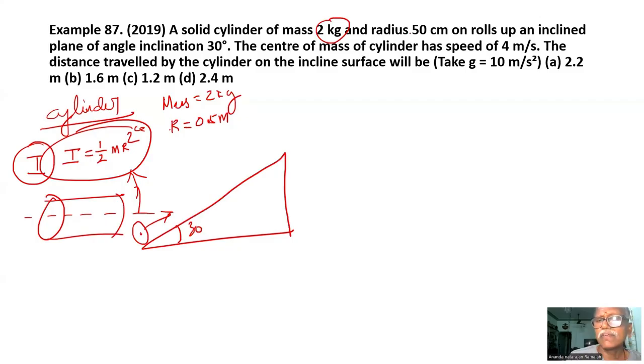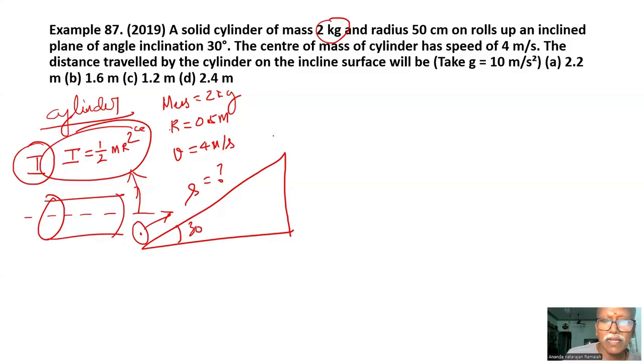The center of mass of the cylinder has a speed, velocity equal to 4 meter per second. The distance traveled by the cylinder on the inclined surface will be, S equal to what? That we have to find.